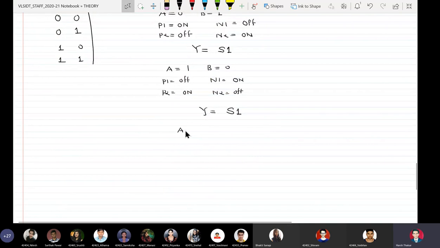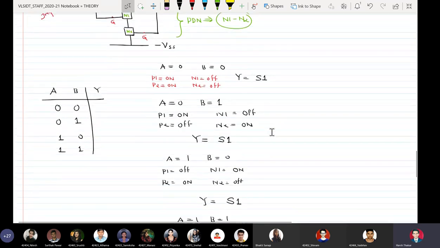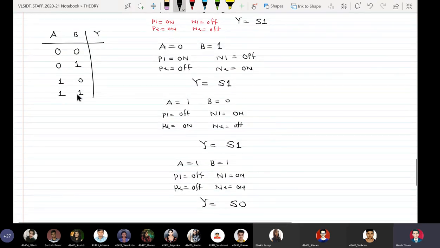Last, A equal to 1, B equal to 1, P1 is off, P2 is also off, N1 is on, N2 is on, output equal to strong 0. Okay, so we have 1, 1, 1 and 0. So we have strong 1, strong 1, strong 1, strong 0.